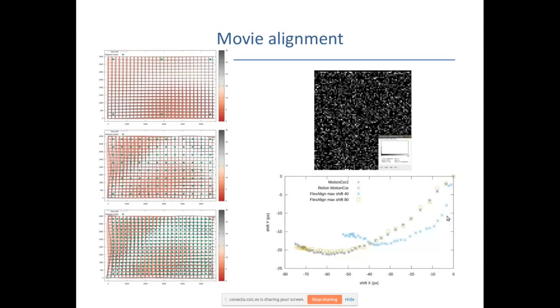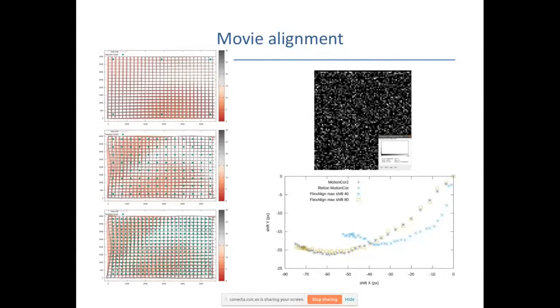So it can have a significant impact. This is with 40 maximum shift, and this is with 80. This maximum shift is between one frame and the next. So this parameter that we normally don't care about can be critical.